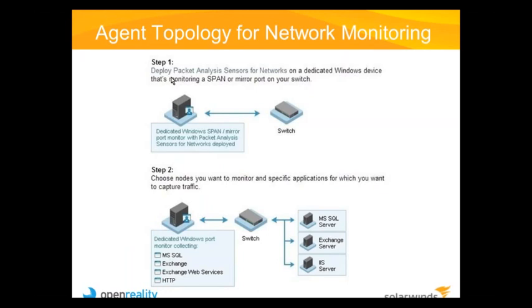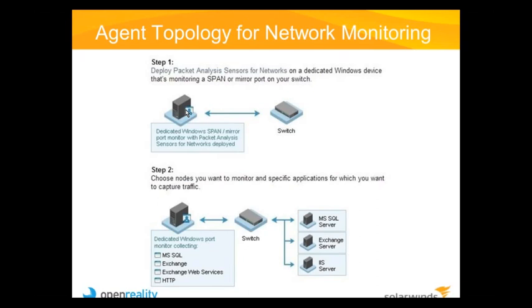So going under the hood a little bit, step one, we deploy a packet analysis sensor on a dedicated Windows device. Okay, so we've basically got a Windows server. In my environment here, I actually use a Windows 7 box that's dedicated. And we have a dedicated interface card that goes into a SPAN or mirror port, SPAN for Cisco, mirror for Juniper, HP, etc. What then happens is that all information going across that device goes through the SPAN port and is then picked up by the agent that is running on the aforementioned Windows box here.